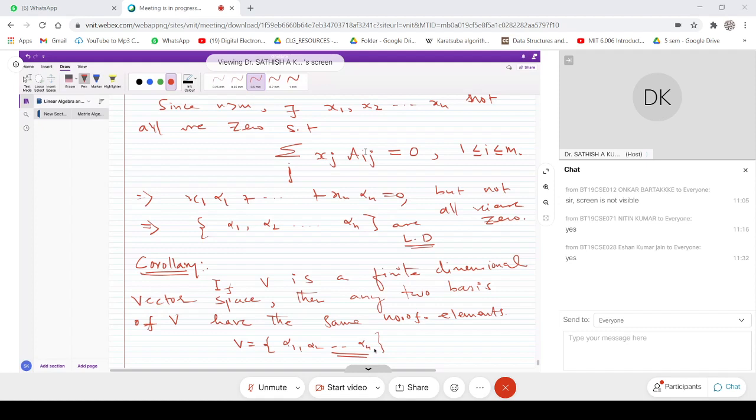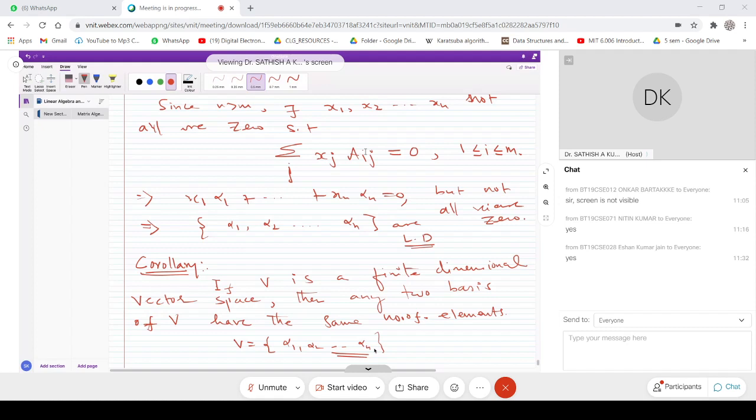Let's say this is V, and you take two sets, S1 and S2, in V. Those two are bases. The corollary says that these two bases will have the same number of elements.